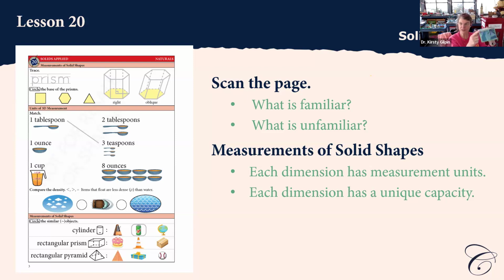If I just wanted to measure the height of my box, then I'm looking at the length, so I'm measuring linear units. So matching our units to our dimensions is one way to help keep track of which units we're looking at.